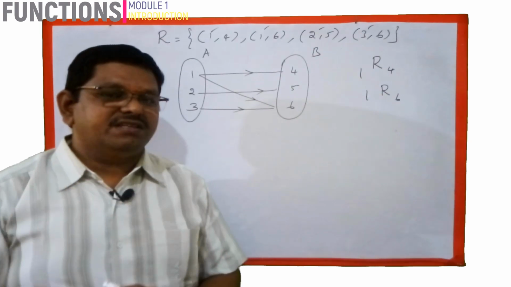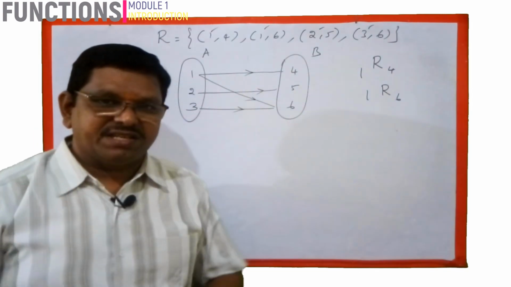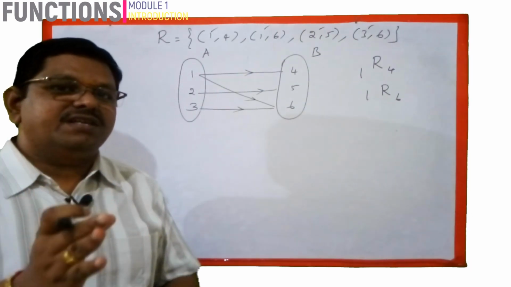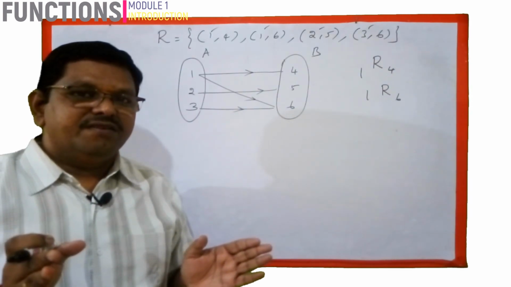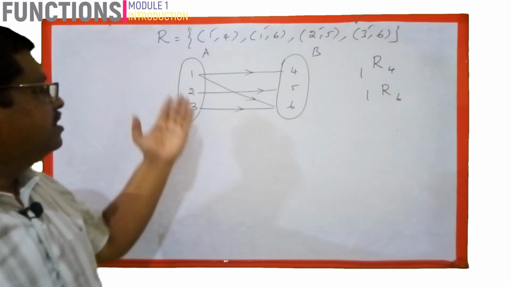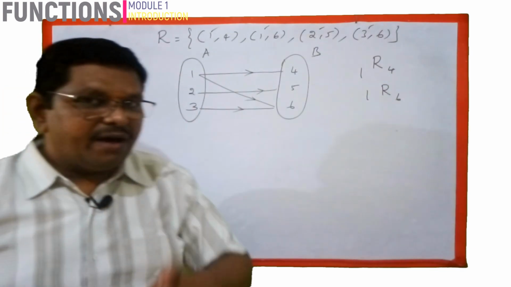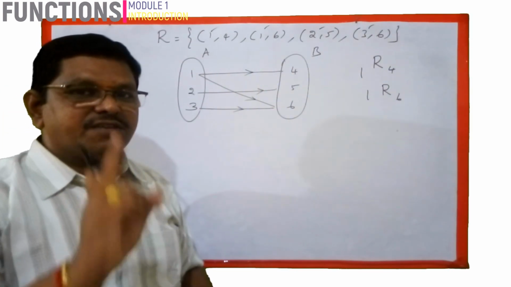So what is a function? A function is a rule. A function is an operation which makes a relationship between 2 different sets A and B with some conditions. Then what are the conditions here? The elements which are present in set A should have images in set B. That is the first condition.